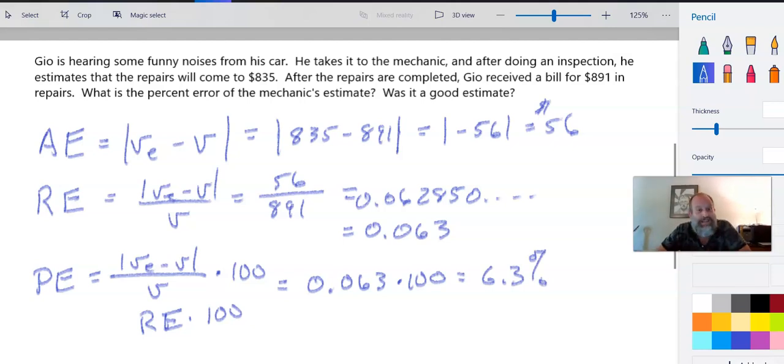Okay, so the percent error of the mechanic's estimate is 6.3%. Our rule of thumb says a good estimate is less than 5% off. This is 6.3% off, so this would not be considered a good estimate. 6.3 is greater than 5. Not a good estimate.